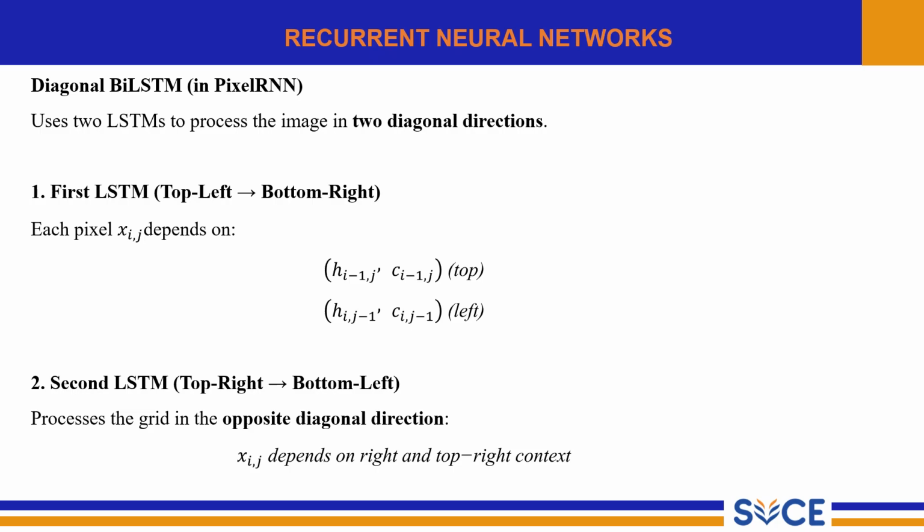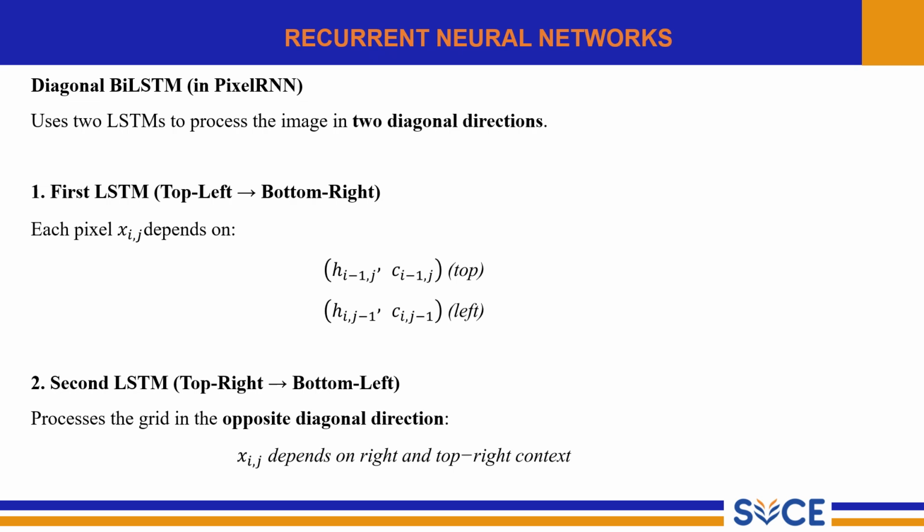So second one, first LSTM, top left to bottom right direction. The first LSTM processes the image in a diagonal flow from top left to bottom right. For each pixel at position i, j, the model does not rely only on the current pixel. Instead, it depends on information coming from two key directions: from the pixel above, that is i minus 1, j, and from the pixel to the left, that is i, j minus 1.